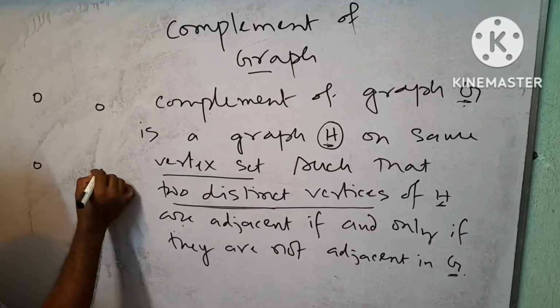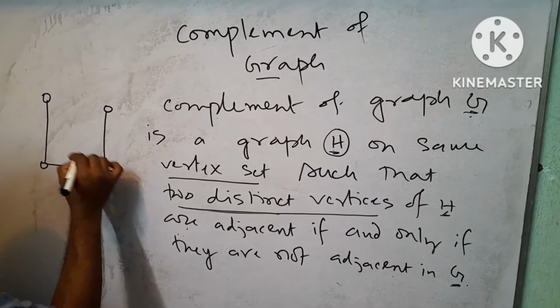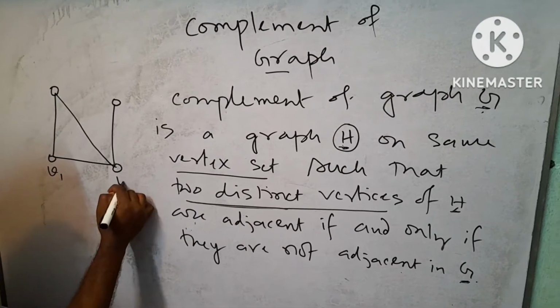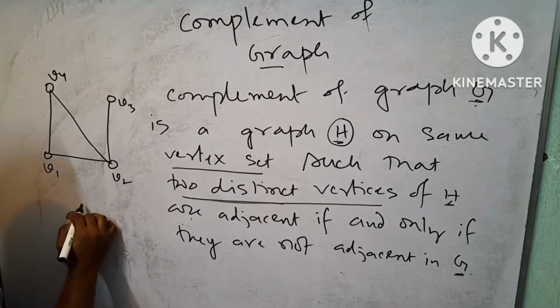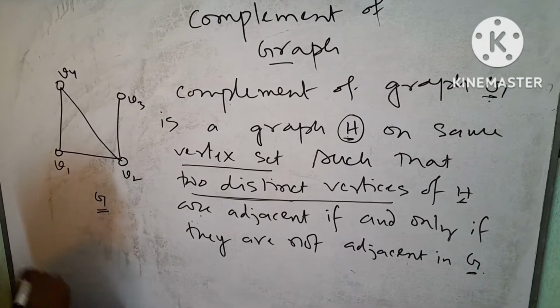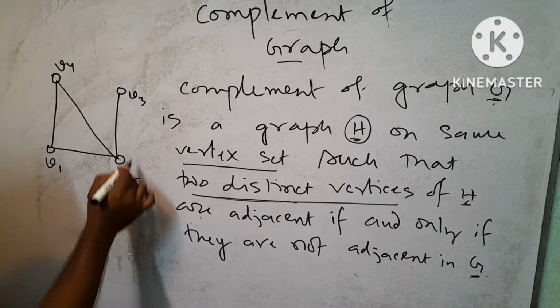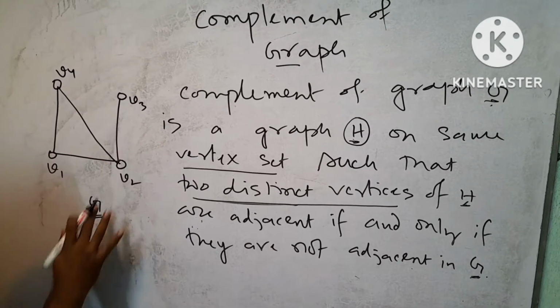Just take four vertices. Suppose this is one graph. Suppose this is vertex V1, V2, V3, V4. This is the graph G.